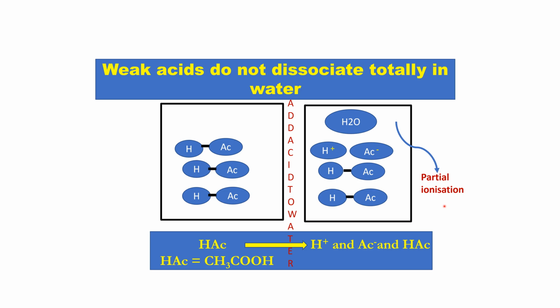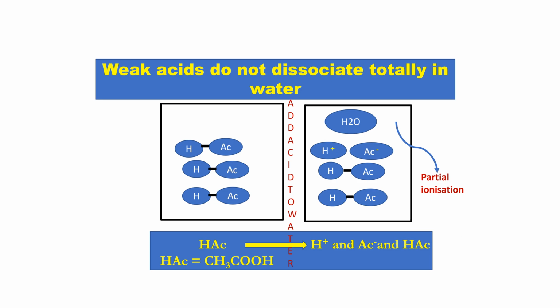So weak acids do not dissociate completely in water. An example is acetic acid, as you can see here. 3 molecules of acetic acid. When you add it to water, only 1 molecule will separate into its constituent ions. The other 2 molecules remain the same. So, strong acids dissociate completely into their constituent ions, while weak acids do not dissociate totally in water.